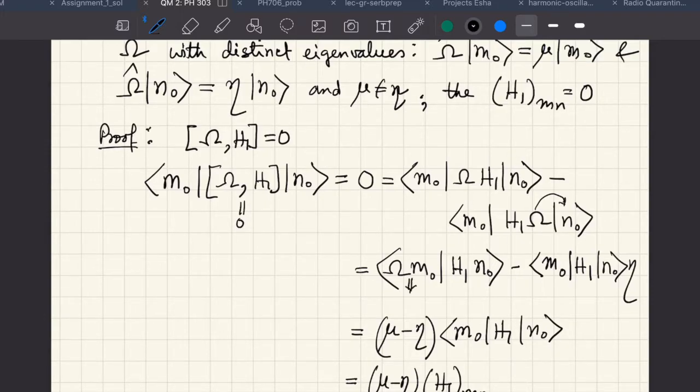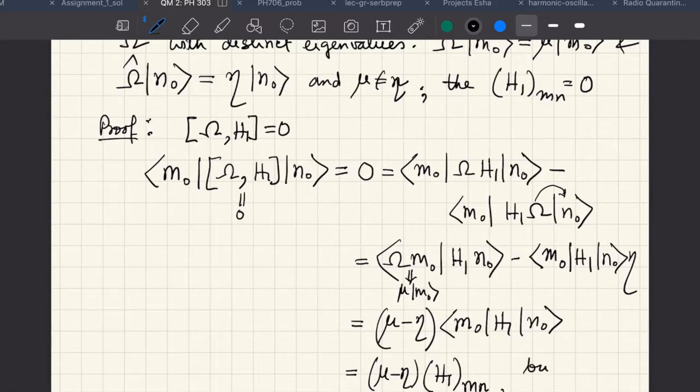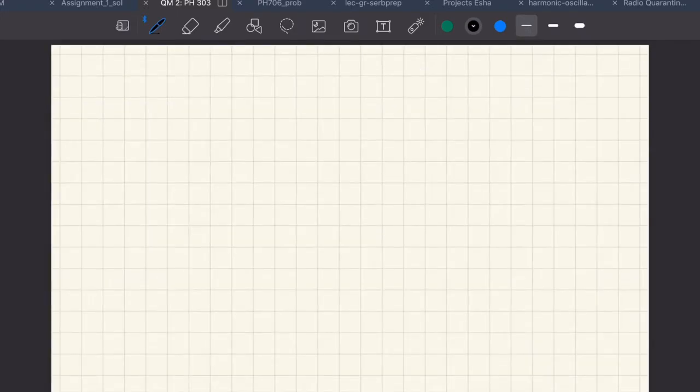Omega acting on m0 gives us mu m0. That's what we have used in this step. But we already have said mu is not equal to eta, therefore H1 mn must be equal to 0.